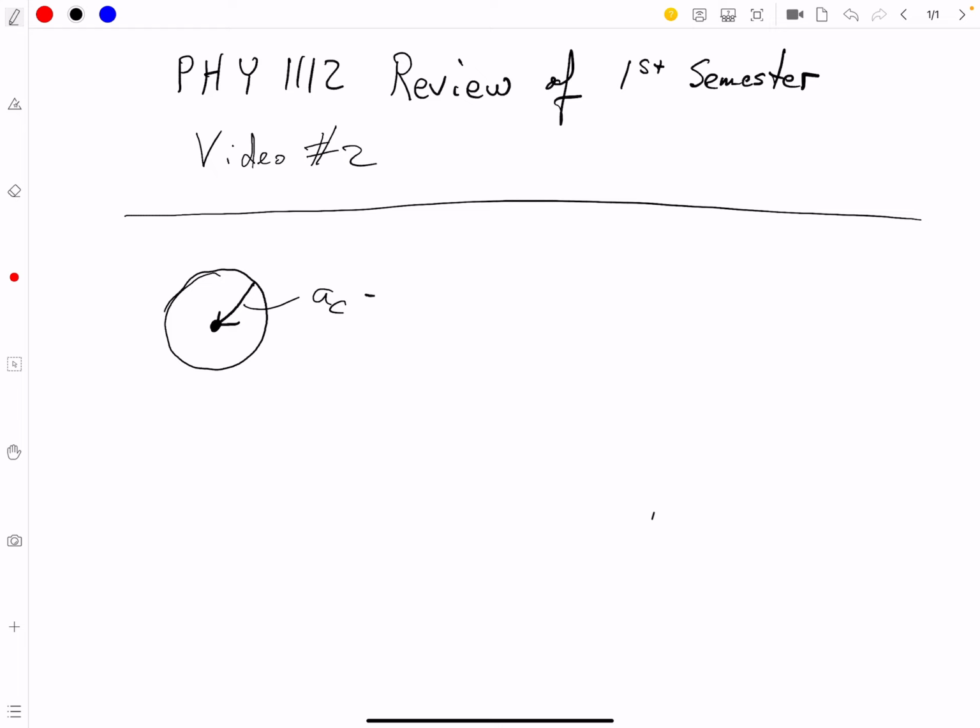So that centripetal acceleration, we learned that is m r omega squared, or v squared over r. That's if the particle has a velocity v or an angular velocity omega.